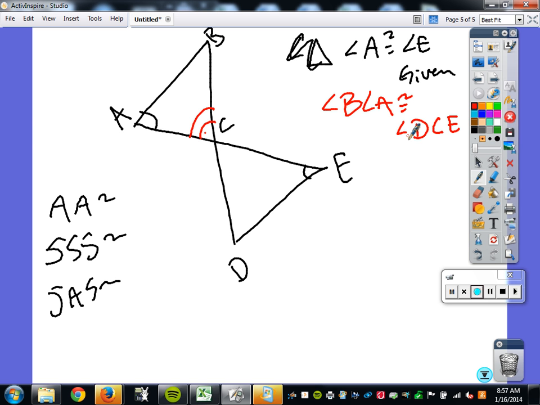So therefore, DCE. They should be the same. And what's our reasoning? I can't just say that they are. What's our reasoning behind it? They are vertical.